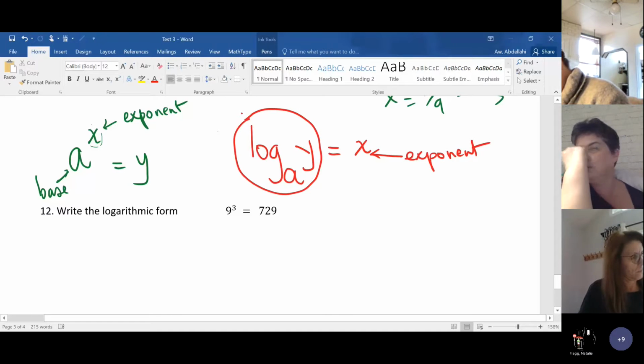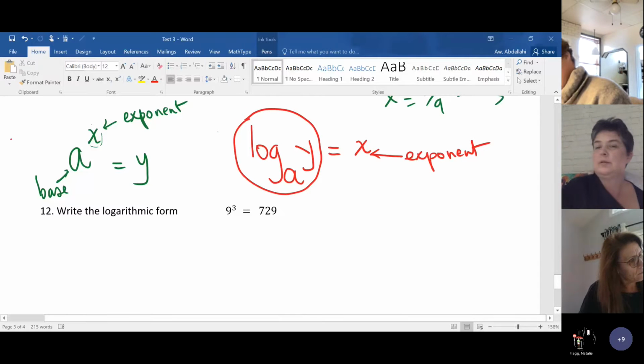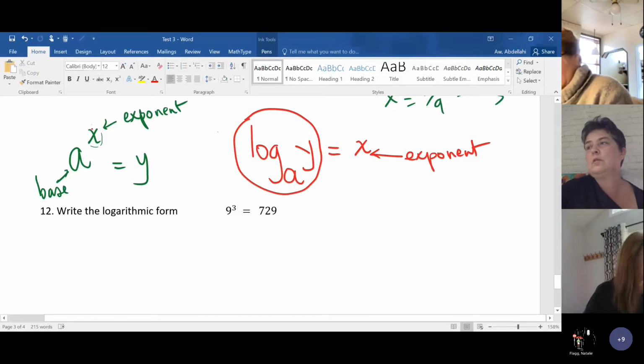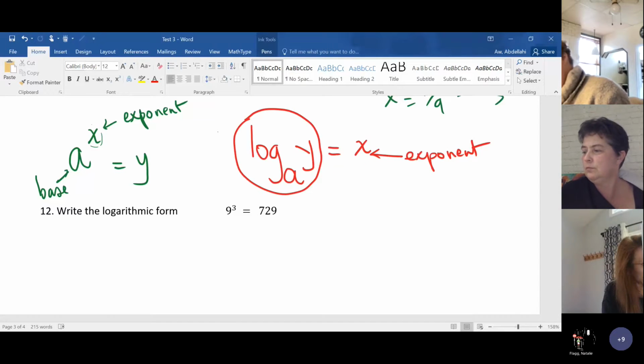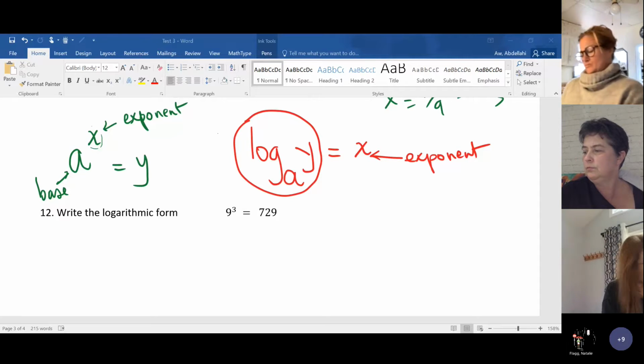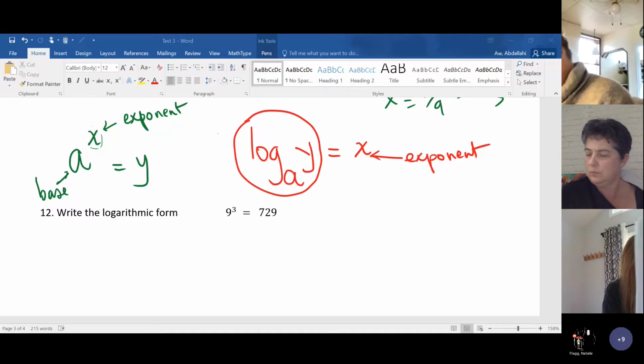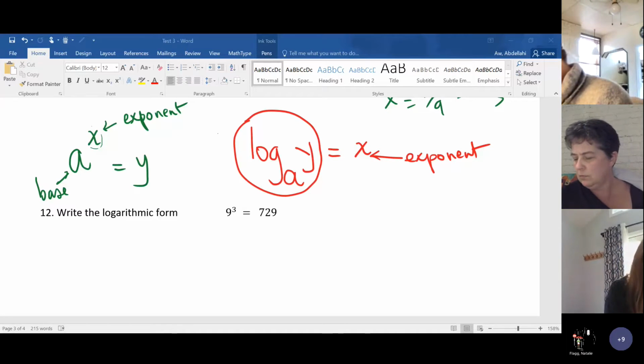Now look at the advantage of the log. This exponent was inside an expression; the x is not by itself. What log allows you to do is get the x by itself. That is huge. That is very important.